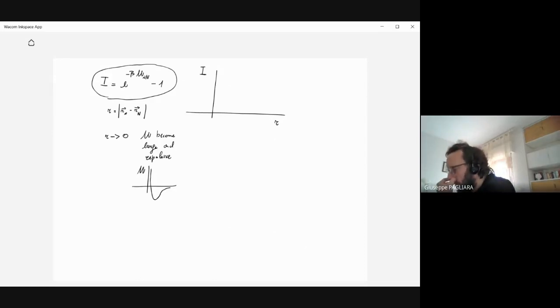So when r is going to 0, u becomes repulsive and large. Well, it actually explodes, and therefore this term will tend to 0. So this function I will tend to -1.